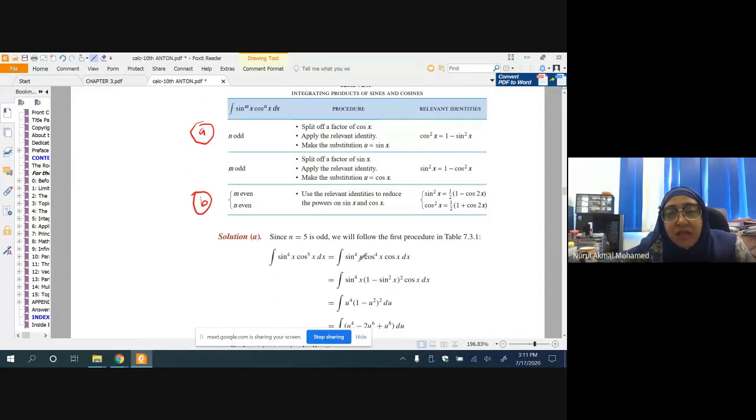So sine to the power of 4x cos to the power of 4x cos x. For the first one, split off a factor of cos x. So first thing, you have to split this: one is cos to the power of 4x, another one is cos x.